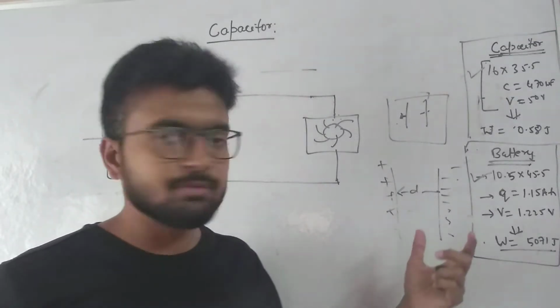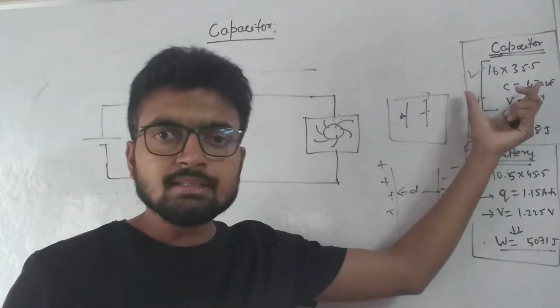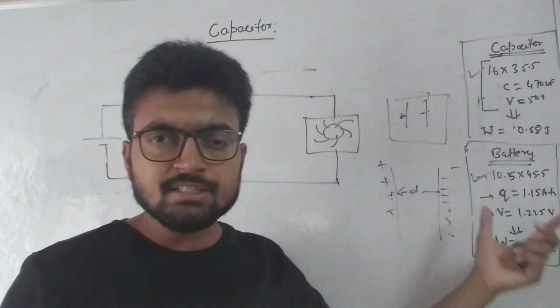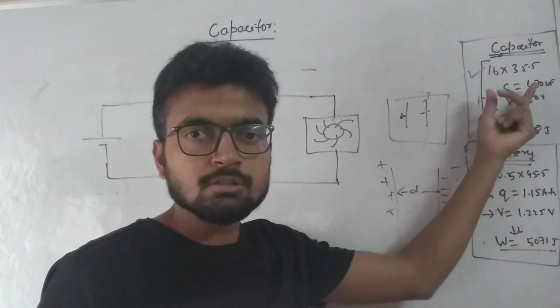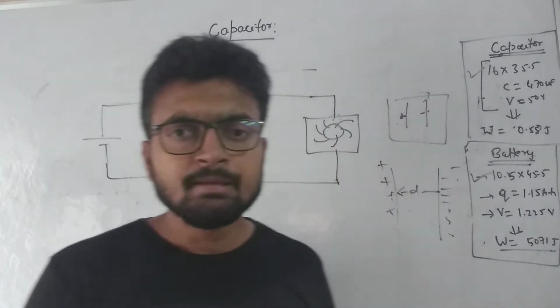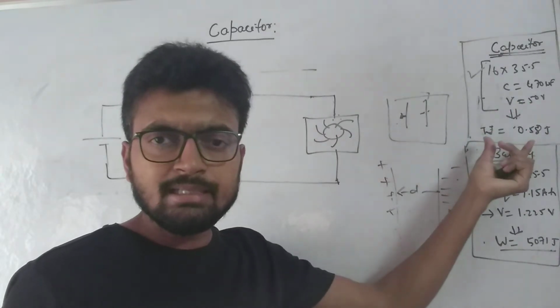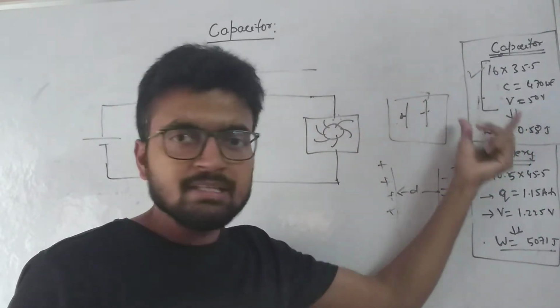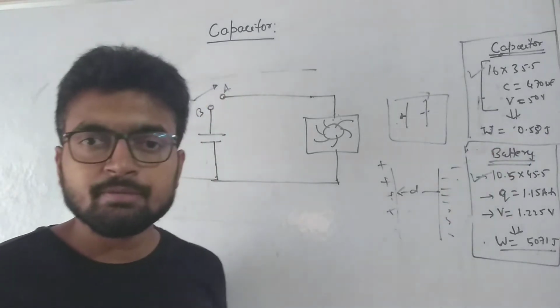To understand this, I have written here two examples. If we consider a capacitor and a battery with the same dimensions, here 16 cross 35.5 and 10.5 cross 45.5, with these parameters, capacitance and the voltage, if we calculate the energy that a capacitor stores comes down to 0.58 joules.